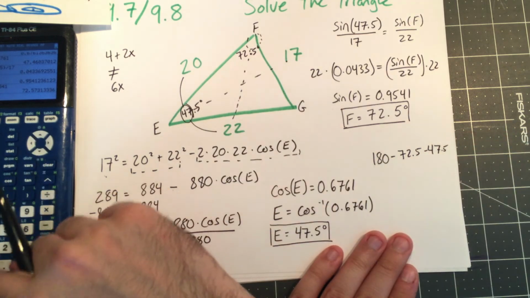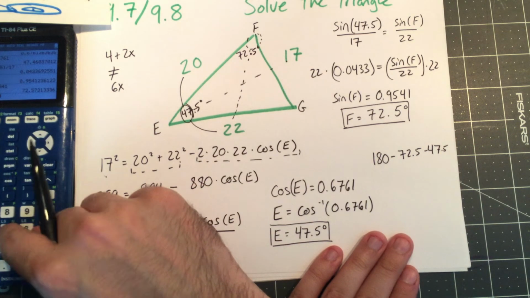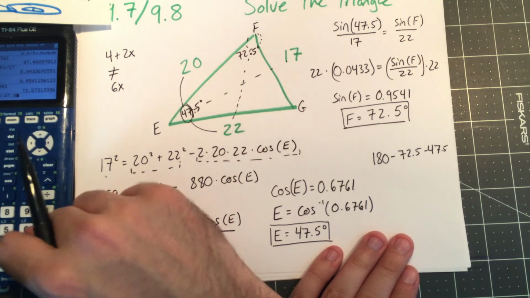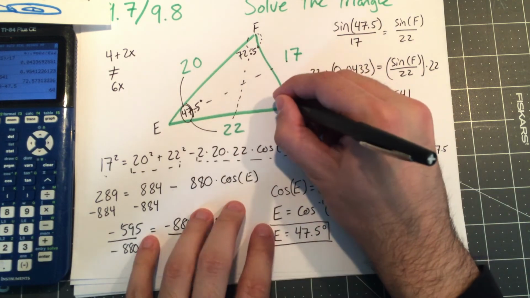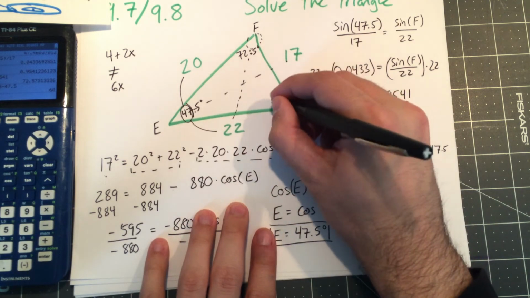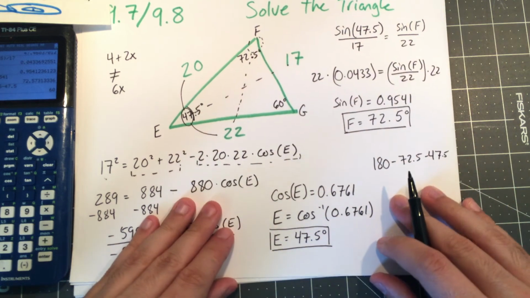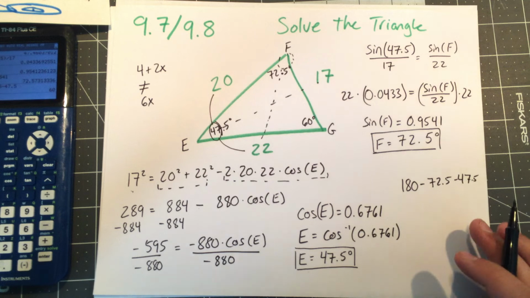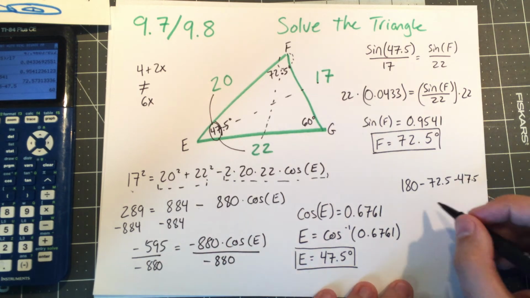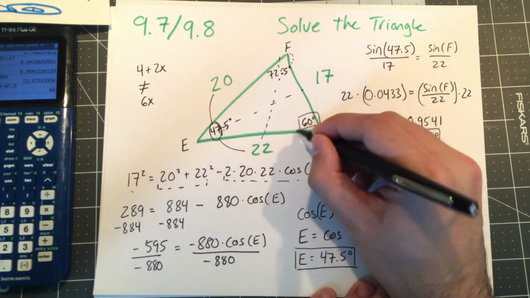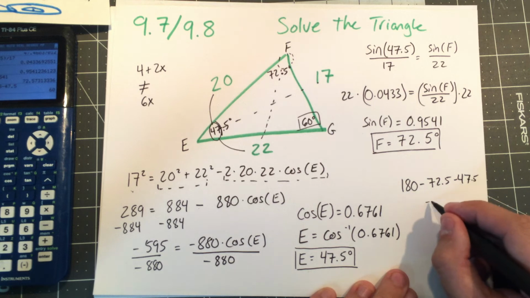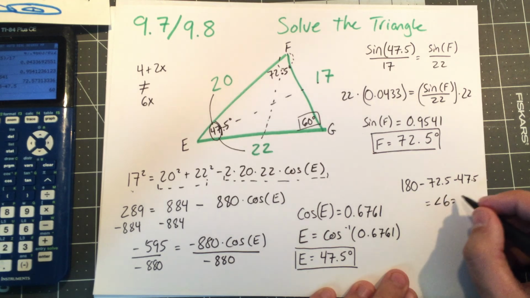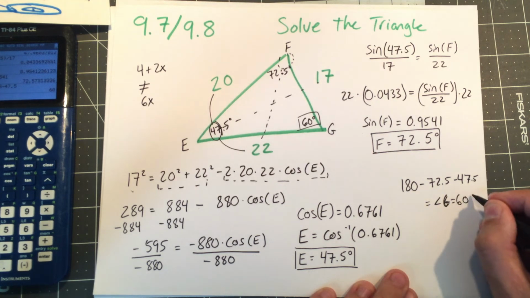What is left over? 180 minus 72.5 minus 47.5. This should be somewhere around 60 degrees. All right, that is a problem where we're solving it using different pieces. So G is 60 degrees.